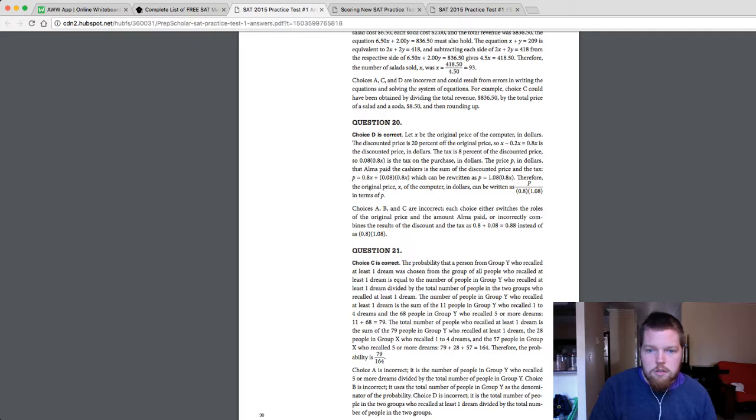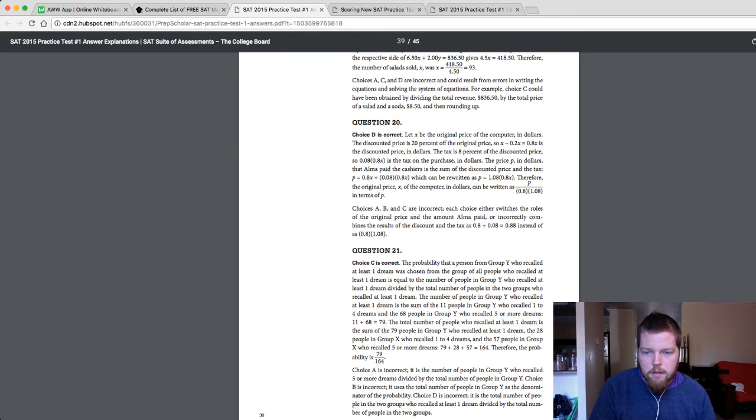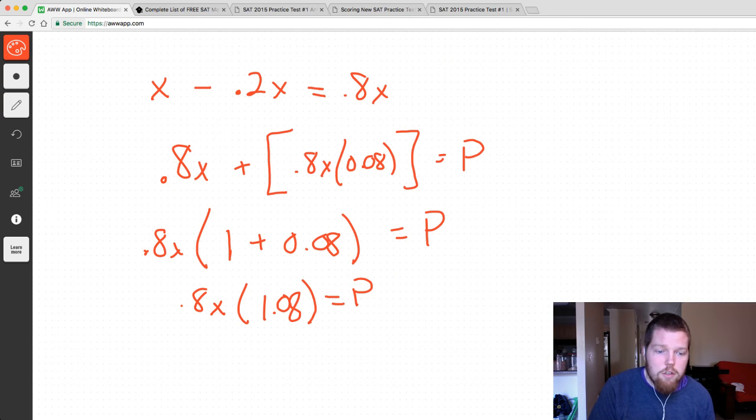So then what do they do? Now we're going to manipulate the equation and get x all by itself. First thing we'll do is divide both sides by 1.08, P over 1.08.